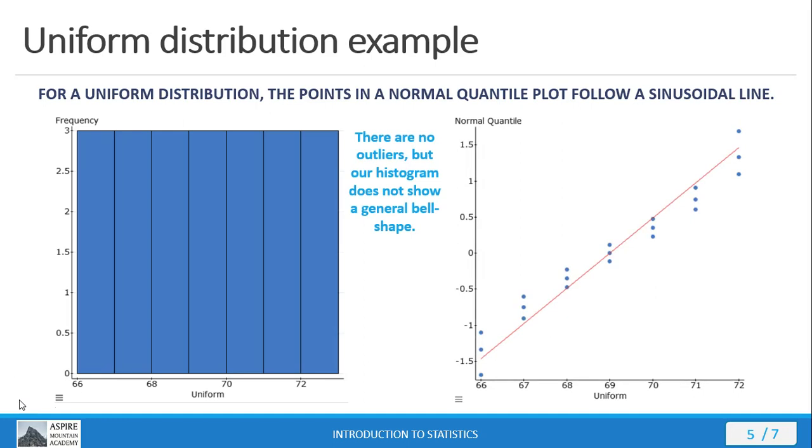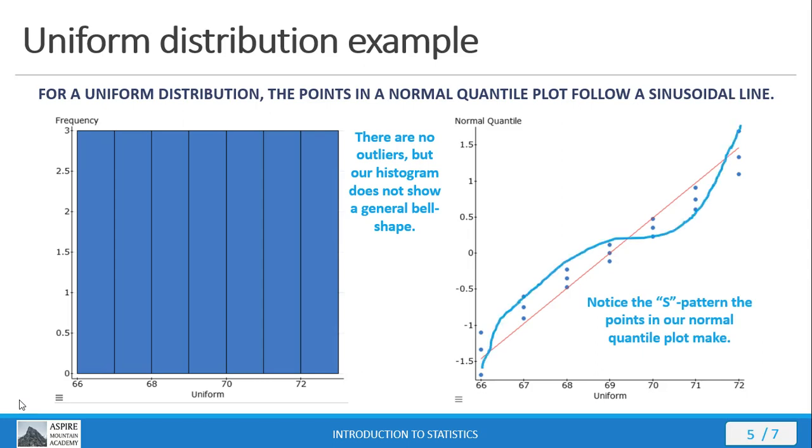You've got a sinusoidal shape here, because notice the S pattern that the points are making. You're going below, above, and so it alternates as you go from one side of that straight red line to the other. That's the type of pattern that indicates you're looking at a uniform distribution and not a normal distribution.